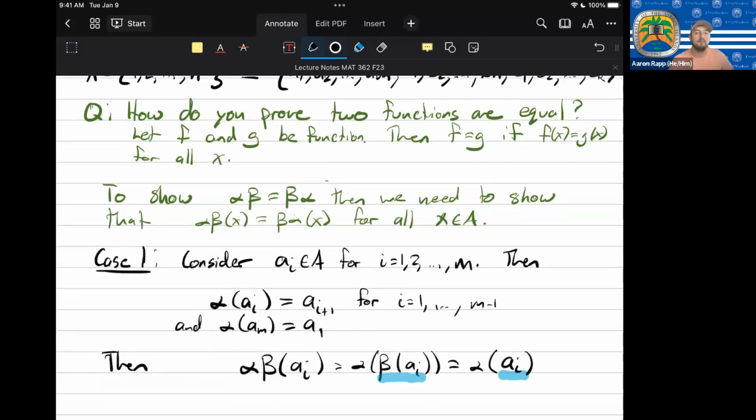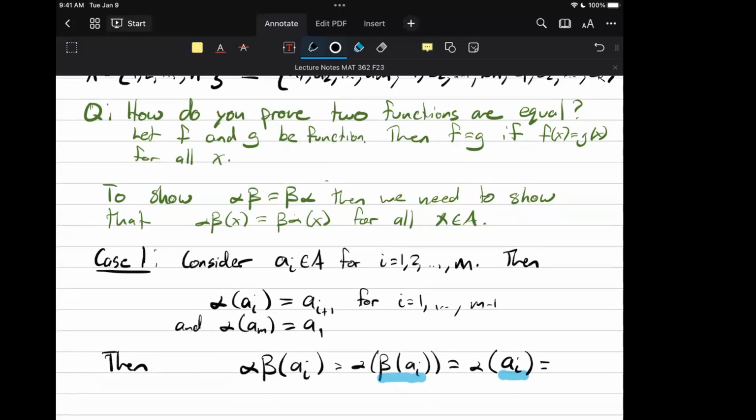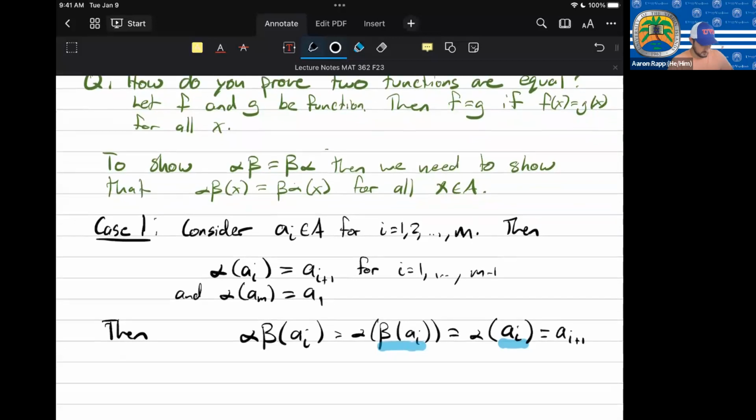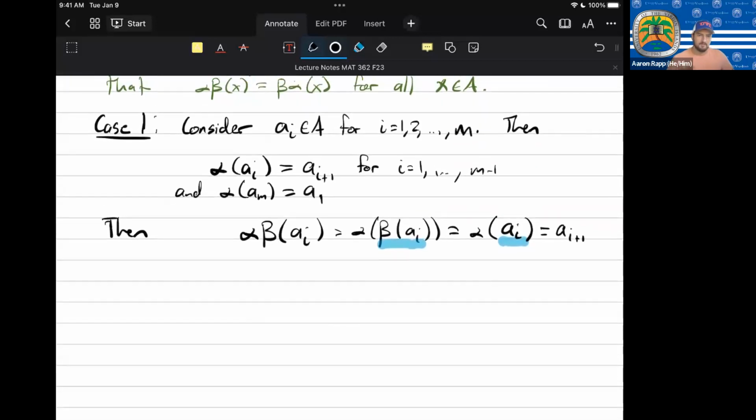And then what does alpha of a sub i become? A sub i plus 1? Yeah, that next thing. And then if I flip it around and do beta alpha of a sub i, so I look at my second function and consider it with that same general input.